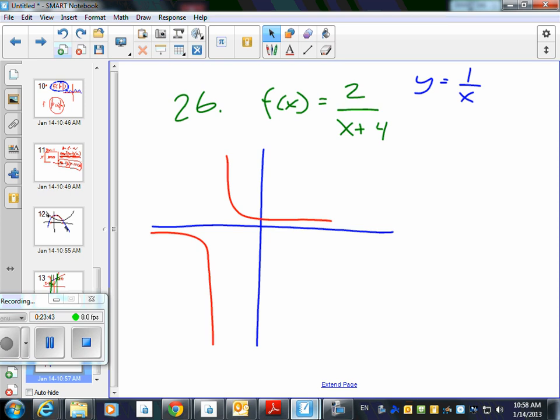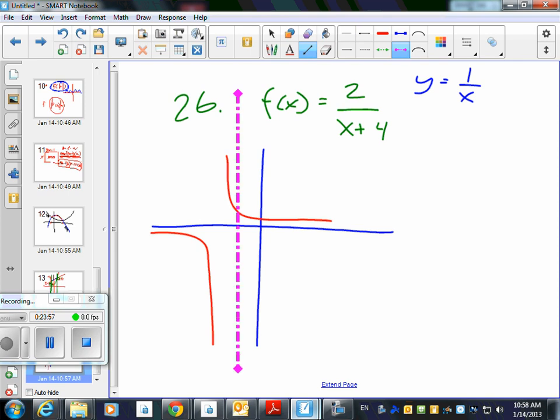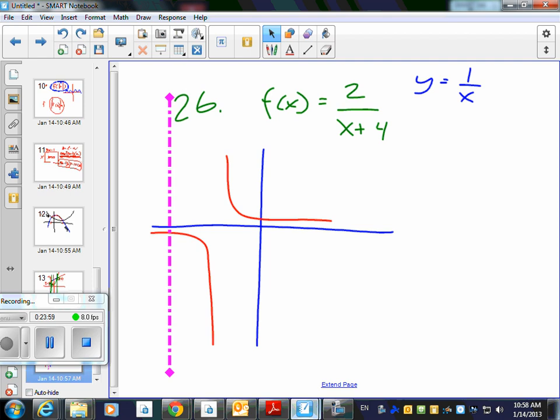Now the question is, does its inverse have a function? Do you remember the vertical line test? That tells you if something's a function or not. So this is the vertical line test. I'm going to draw a fuchsia colored line. Here we go. And is this a function? Yeah, it's a function because it never fails the vertical line test. It only touches once.